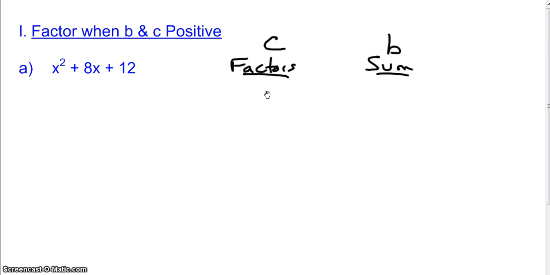Okay? So let's go here and factor when both the middle term and the last term are positive. Here's a hint, your first strategy will be, we're factoring a trinomial, so most often we're going to end up with 2 binomial factors. So we start there. Start with your 2 sets of parentheses.